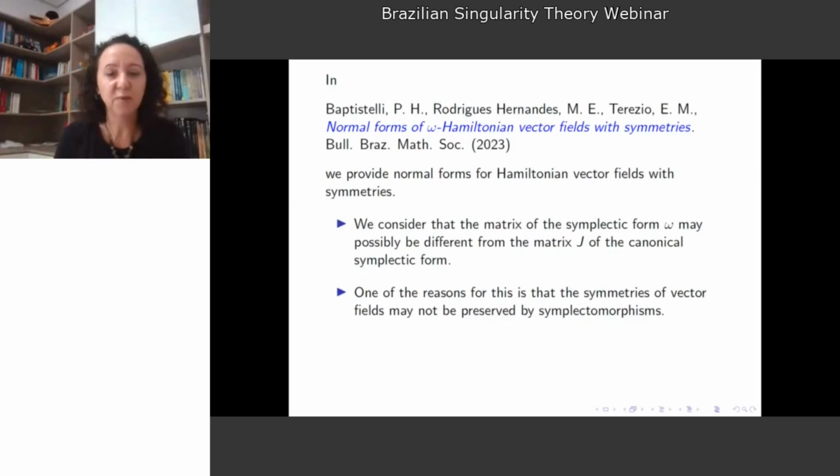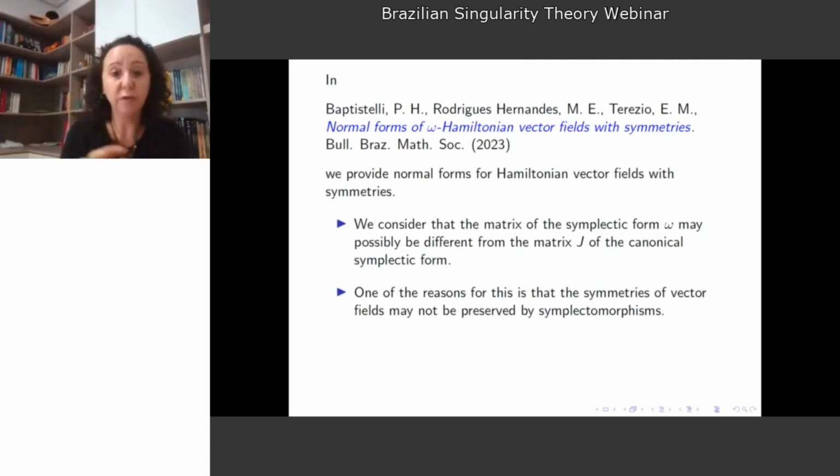One of the reasons, I'm trying to convince you, is that we study vector fields taking into consideration the symmetries and reversing symmetries of the vector field. And perhaps the symmetries of the vector fields may not be preserved by symplectomorphism.